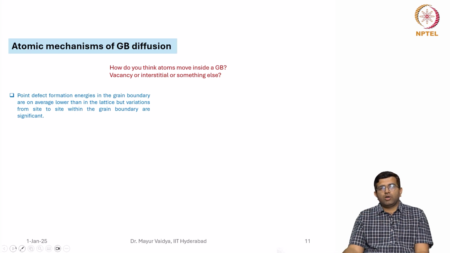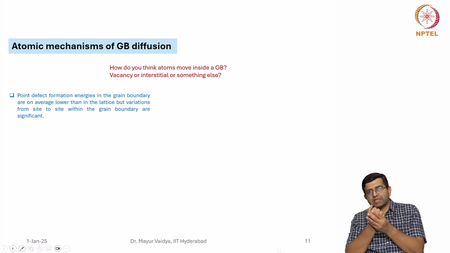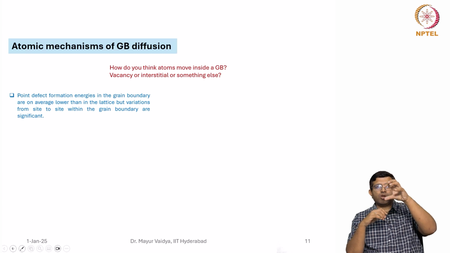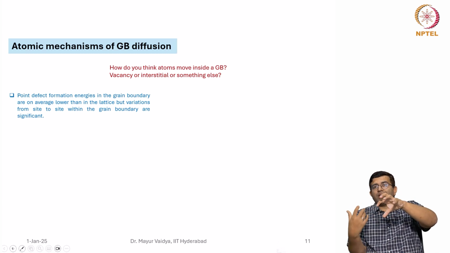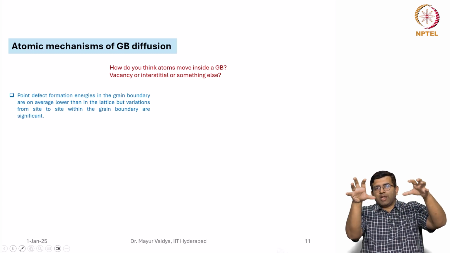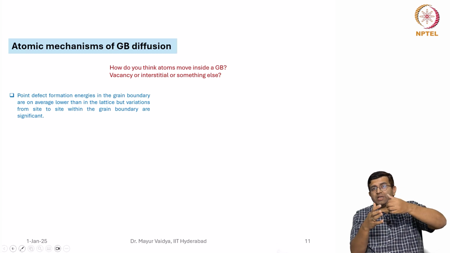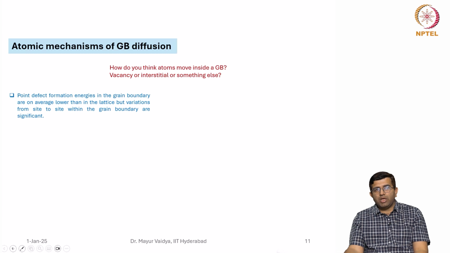But what it also means is that a vacancy in the grain boundary at a particular location can be different from a vacancy at another location because of the surrounding atoms. In the lattice, surrounding atoms are similar everywhere, but in the grain boundaries that may change. So, the variations from site to site within the grain boundaries can be significant.